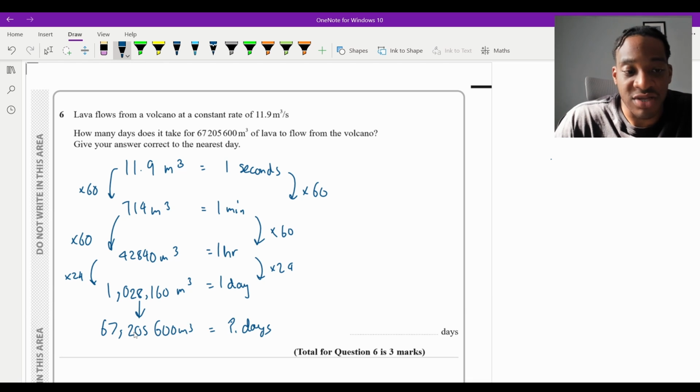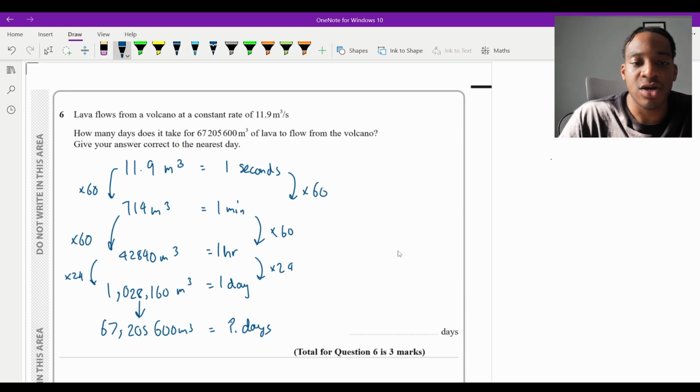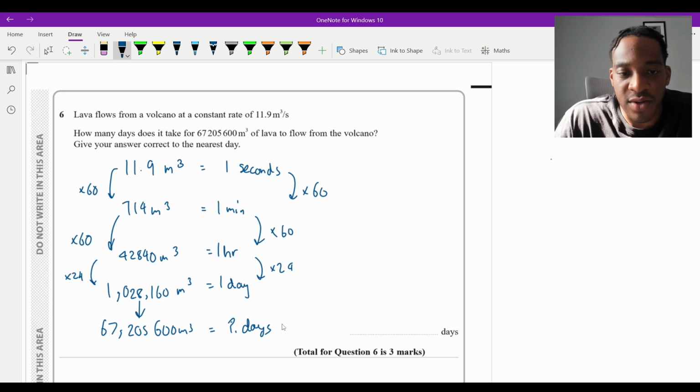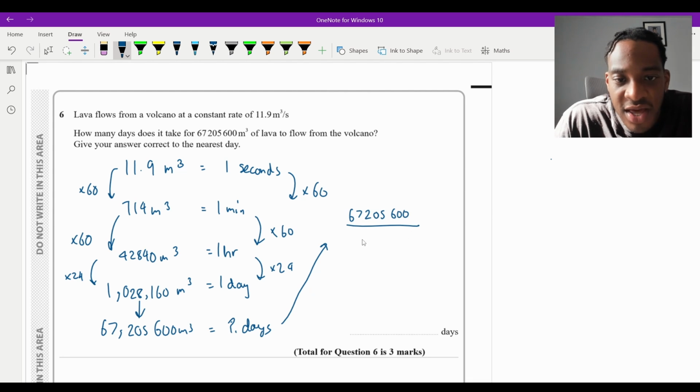So all we need to do is just divide, don't we? We need to do 67,205,600 divided by 1,028,160. This will give us how many days.